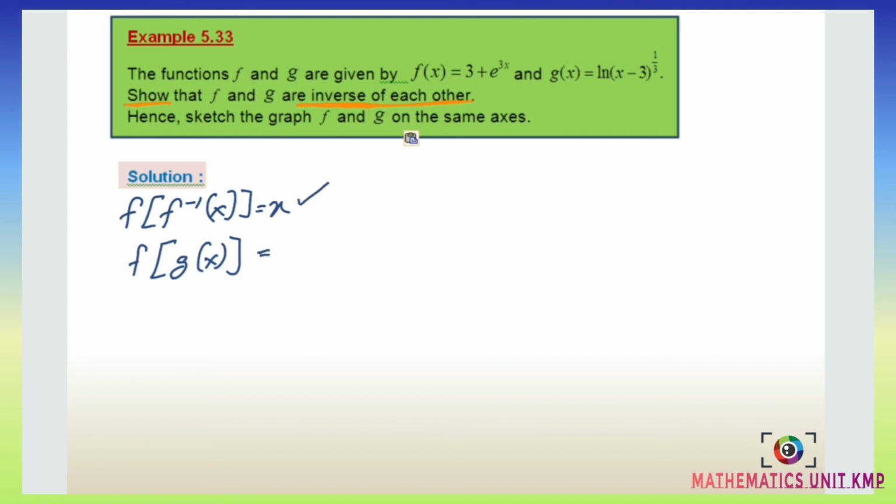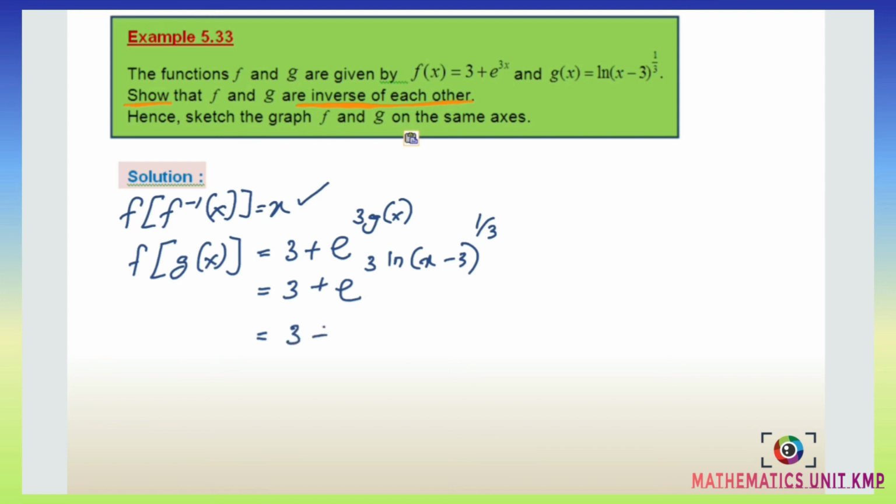Refer to the function f, 3 plus e to the power 3, and the input is g(x), which is ln(x minus 3) to the power of 1 over 3.